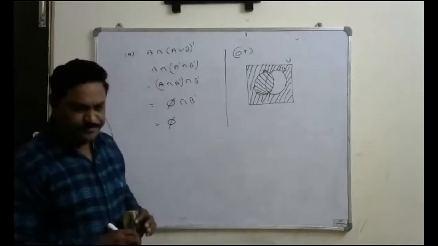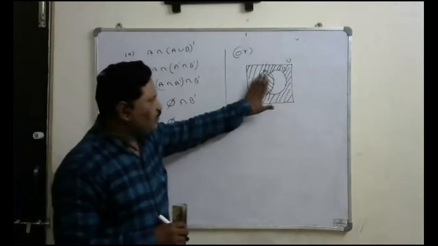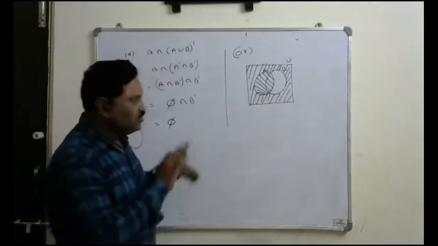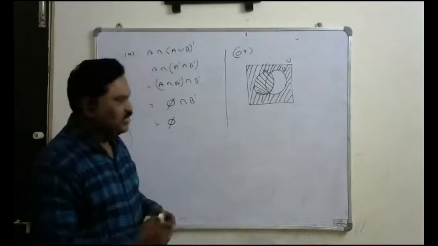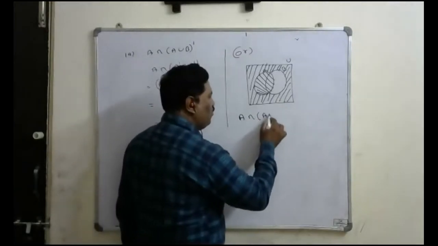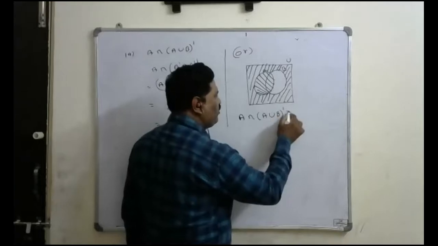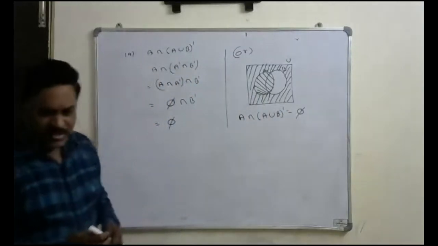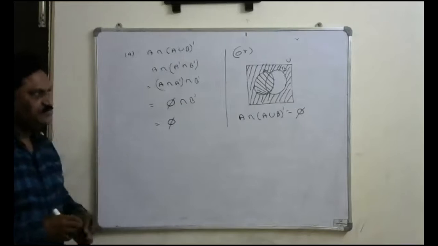This is the A part and this is (A union B)', so there is no common area at all. That's why A intersection (A union B)' is going to give phi, meaning there is no common area for both the hashes. So that is the answer.